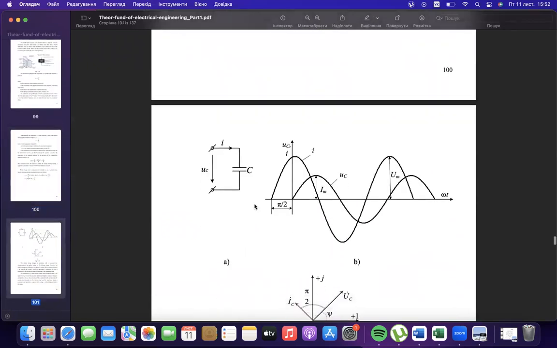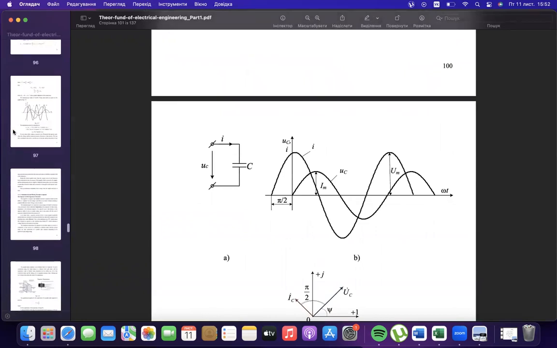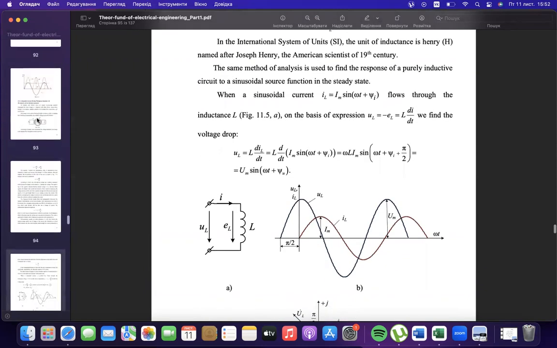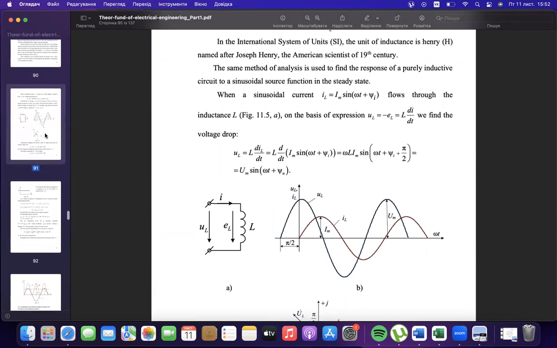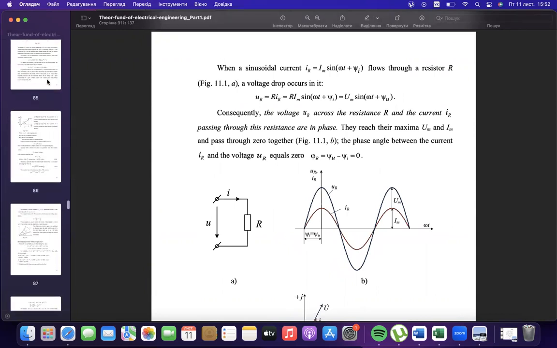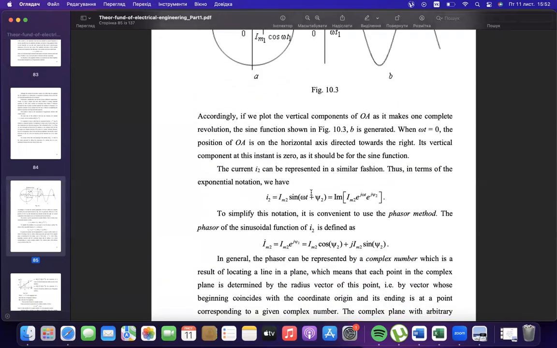Here it is: sinusoidal curves for capacitor, sinusoidal curves for coil, and sinusoidal curves for resistor. Next time, we will start how to deal with the differential equation, how we could avoid solving this differential equation, and how we could transform a sinusoidal function into the complex plane using complex numbers.